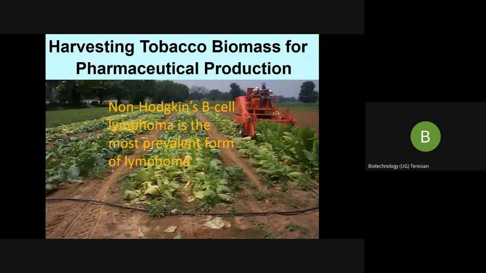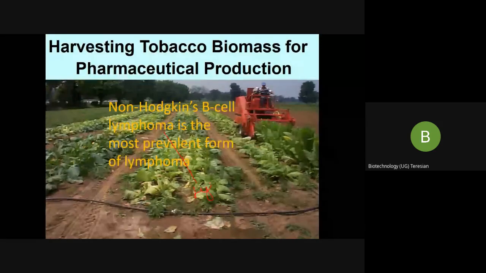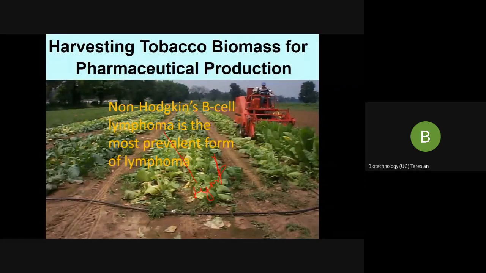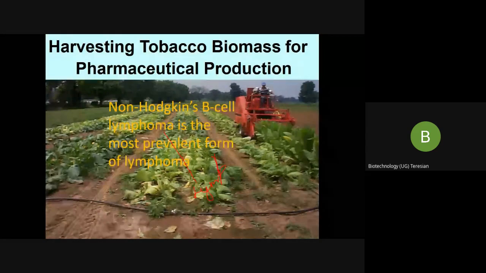That is called non-Hodgkin's lymphoma. Your lymph will end up having cancer. This is the most prevalent form of cancer. It stands in the 4th or 6th position wherein people die because of lymph node cancer.